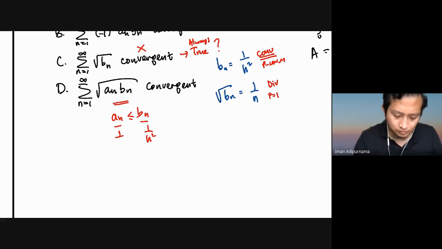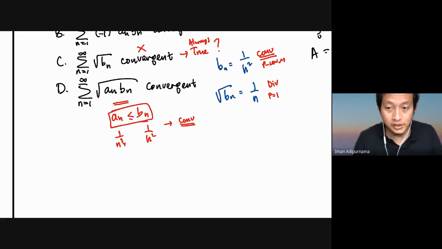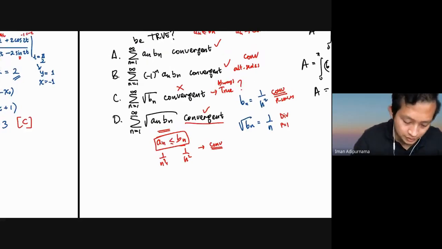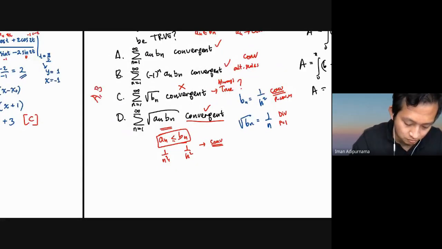Maybe 1 over n cubed, or n4, n5. But the answer also converges, because a is always less than b. So this is correct. So the answer should be A, B, and D.